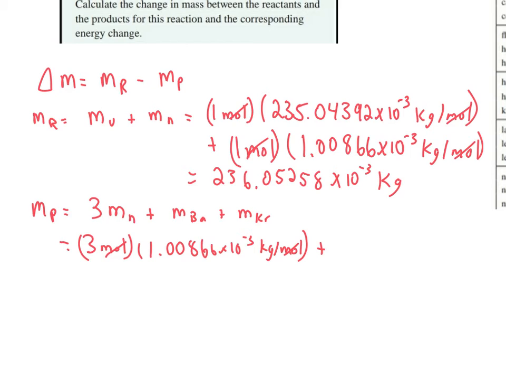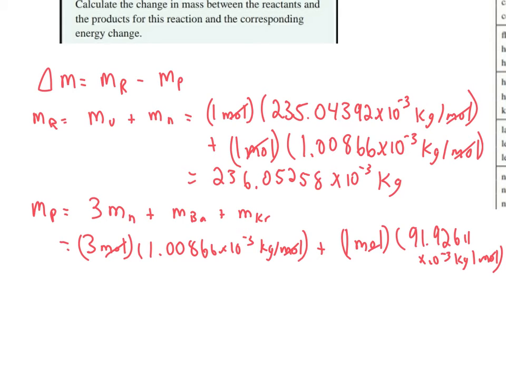So the barium-141, if we go over to that chart in your data booklet, is going to have a mass of 91.92611, and this is times 10 to the negative 3 kilograms per mole.